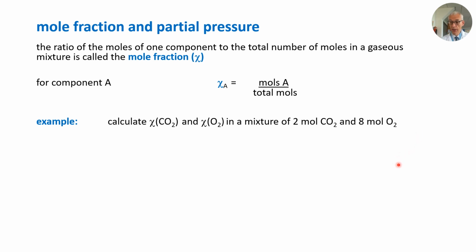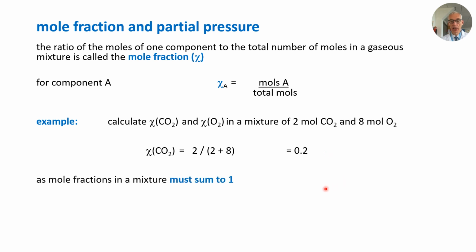Okay, so I'm going to reveal the answer. The mole fraction for carbon dioxide is the number of moles of carbon dioxide, 2, in the total number of moles in the mixture, which is 2 plus 8. So 2 divided by 10, the mole fraction of carbon dioxide is 0.2.